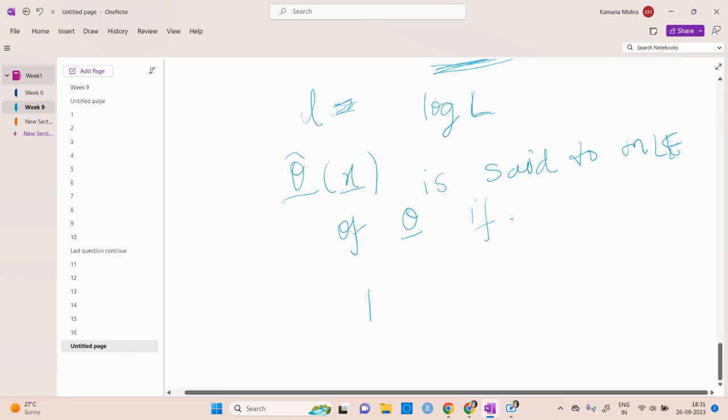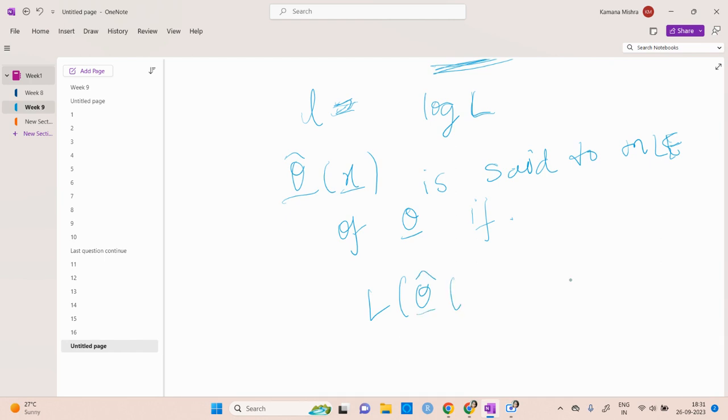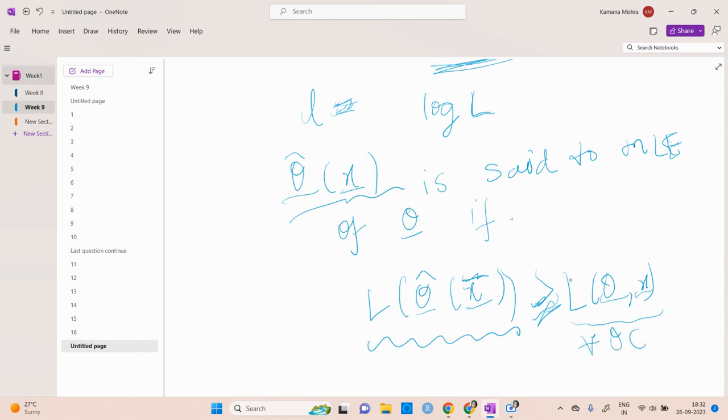If L of theta cap, x is greater than or equal to L of theta, then this is the MLE, the maximum likelihood estimator, if its likelihood is greater than or equal to the likelihood for all theta belonging to the parameter space.